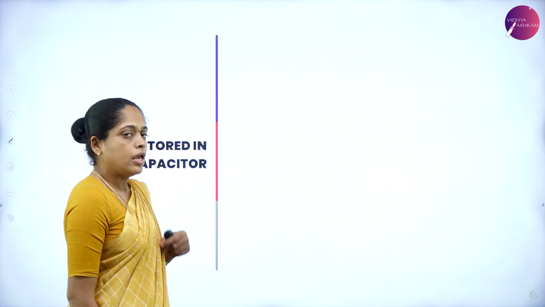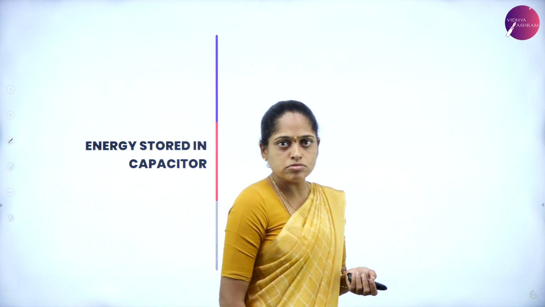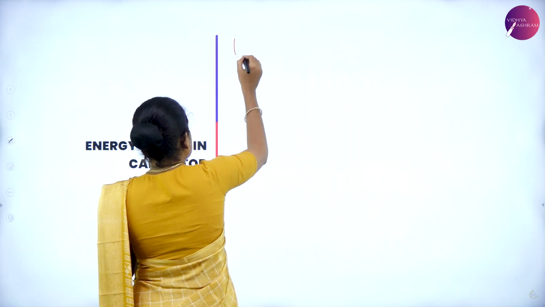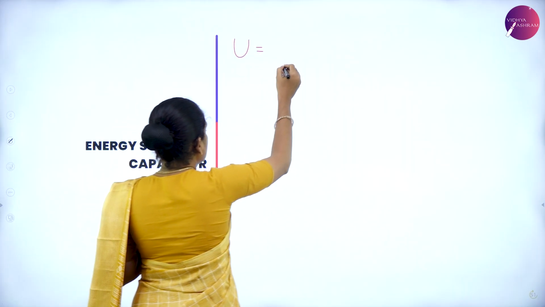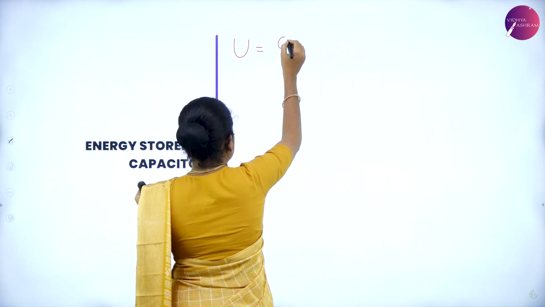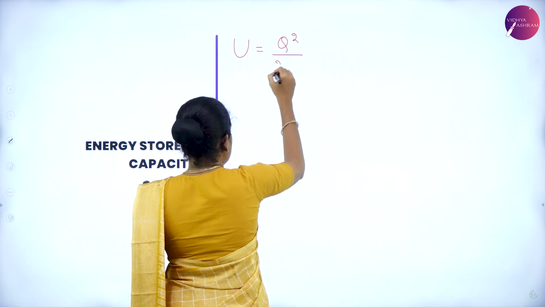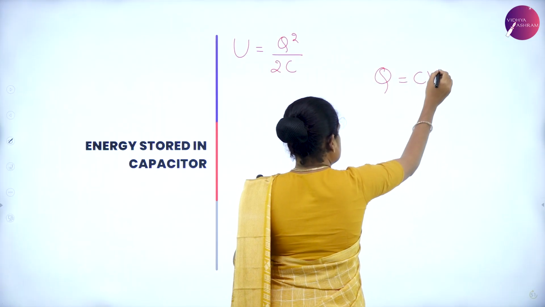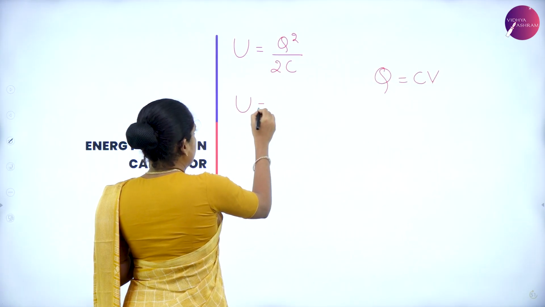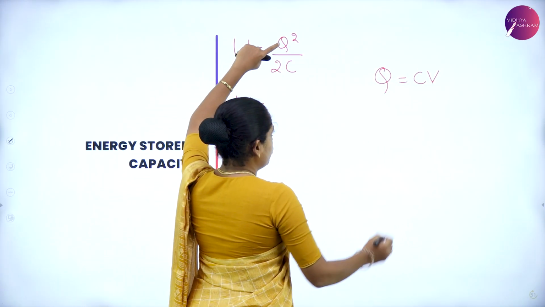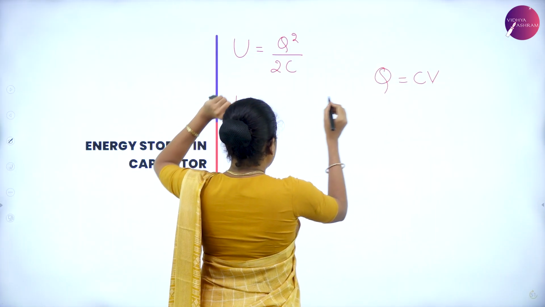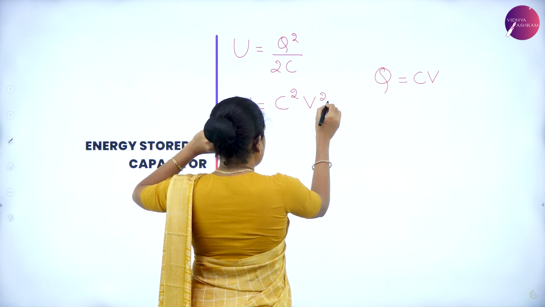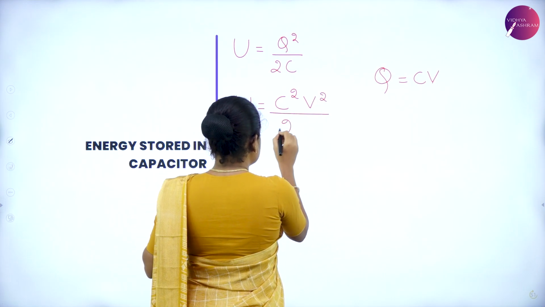Yes. And if I consider Q in terms of C and V, then let us check the potential energy expression. So we have potential energy as Q square by 2C. Now in the place of Q, if I consider CV, U is equal to C square V square by 2C.